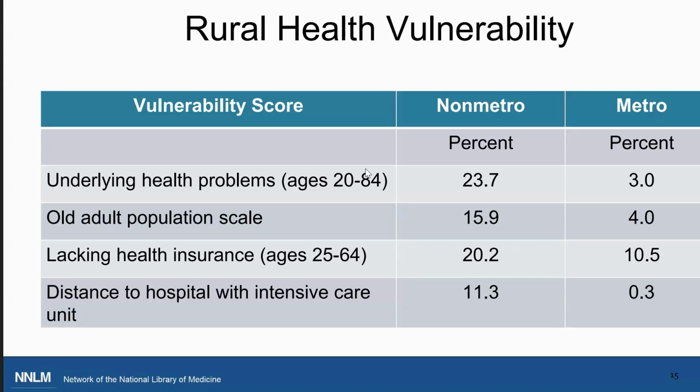So underlying health problems, older adult population, lacking health insurance, distance to hospital with an intensive care unit, we can see that all of those numbers are higher for the non-metro populations.